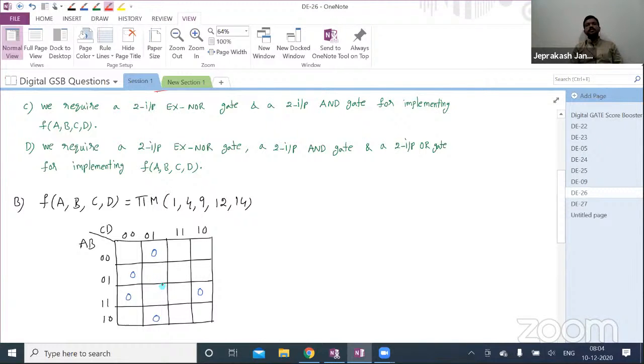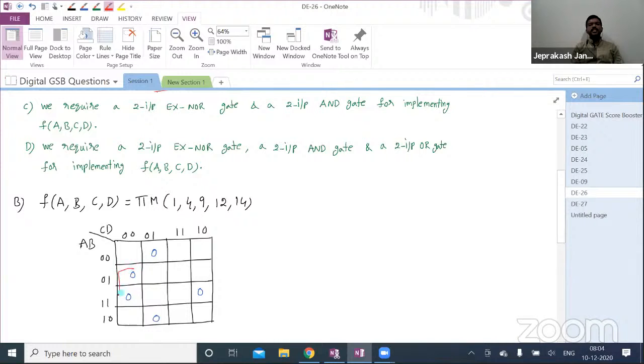Now in this case, how many adjacent zeros can we group together, maximum number? Grouping of 2 zeros or 4 zeros? Grouping of 2 zeros, right? Grouping of 3 zeros is not possible.